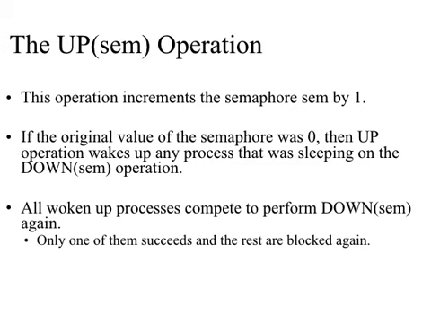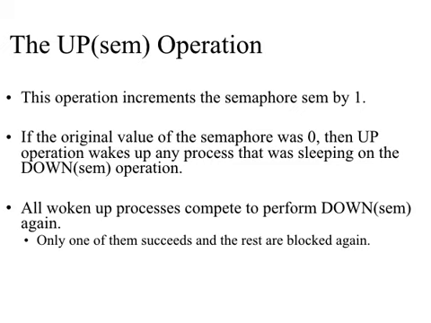It will wake up any process that was blocked on the down operation, so that the blocked process would then compete to perform a successful down. So if there were more than one process blocked on the down operation, then all of them would compete to perform the down operation. Only one of them would succeed and the others would go back to being blocked.